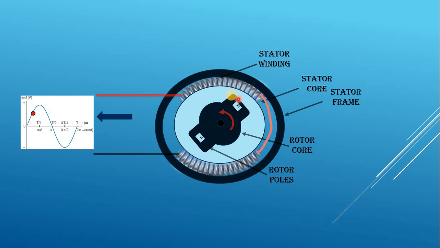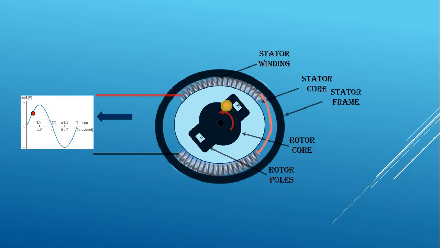When the north pole comes exactly under the coil, induced EMF will be maximum because the rate of change of flux will be maximum. So when the rotor makes a 90-degree revolution, induced EMF is maximum. In the sine curve, at pi by 2, at 90 degrees, induced EMF is maximum.